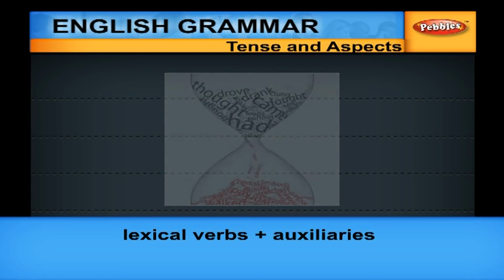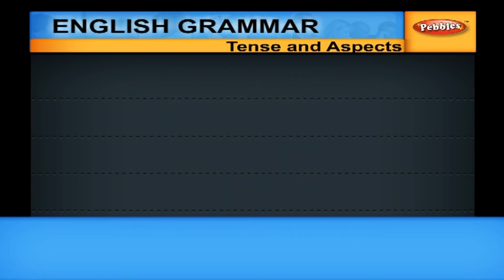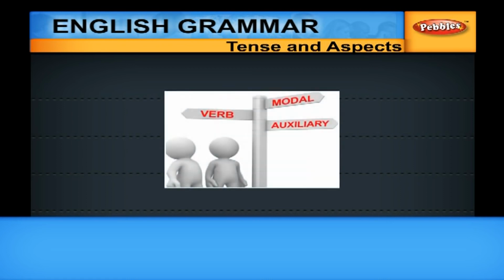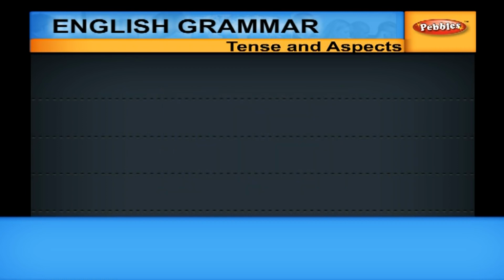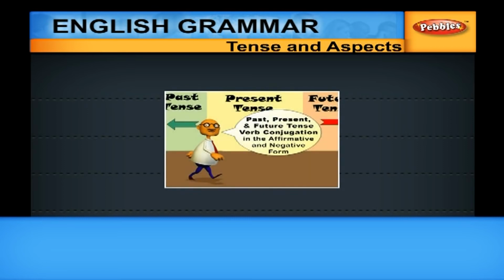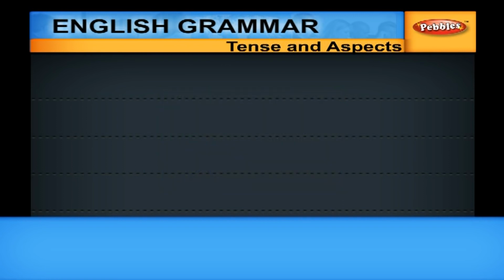So, let us try to recapitulate what we have done so far. Verb is one of the important parts of speech. Verb is an essential part of a predicate. Verb can denote an action, it can state a being, and it can talk about possession. A verb shows tense and aspect.